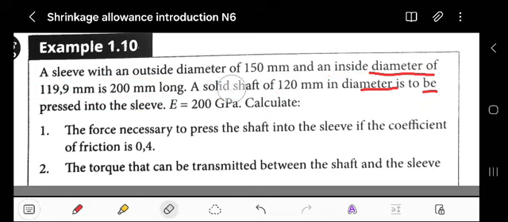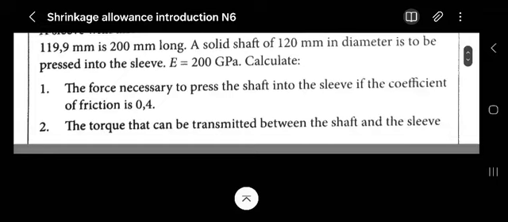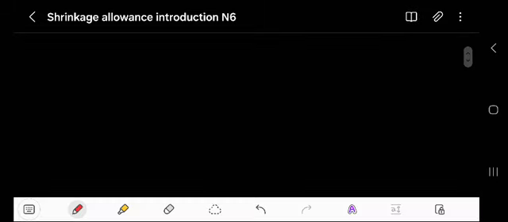So you see what is going on here, it is to be pressed into the sleeve, right? So we're starting with a sleeve with a solid shaft. We've discussed this sleeve with a solid shaft. Hopefully you remember.